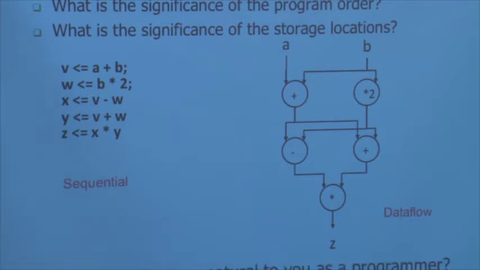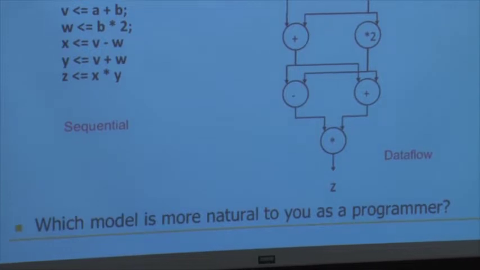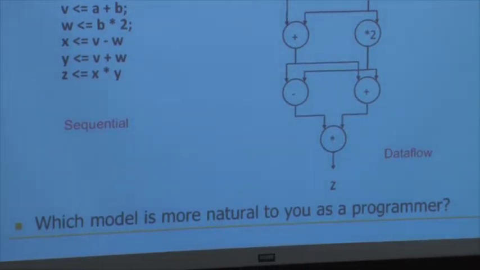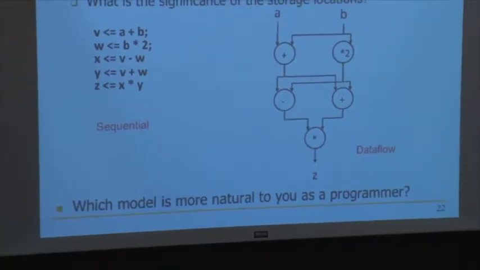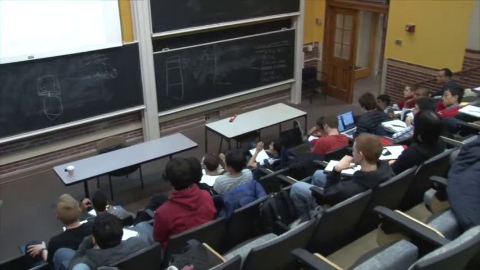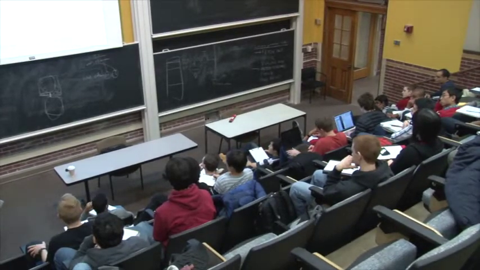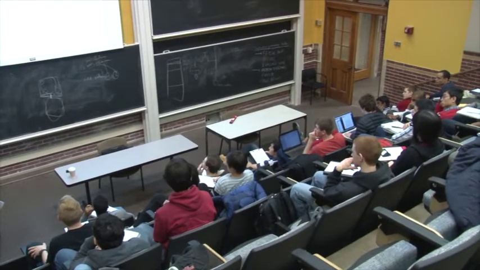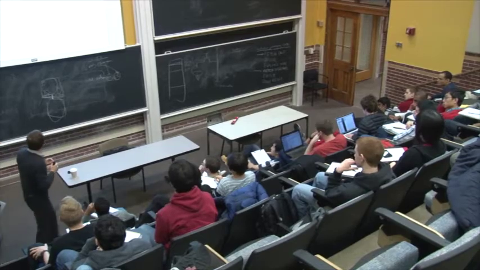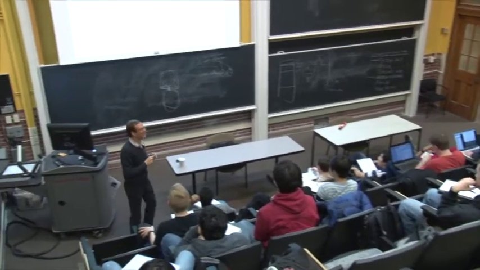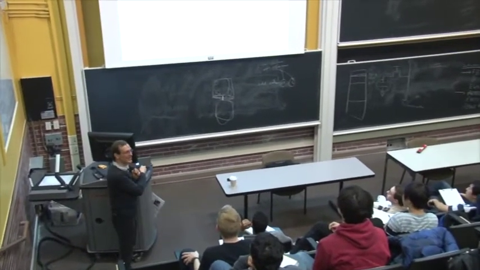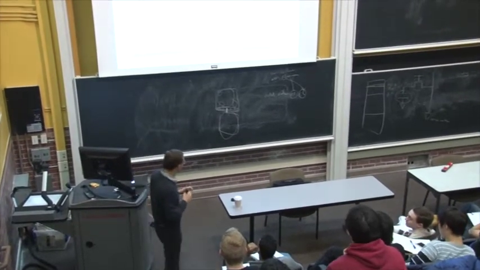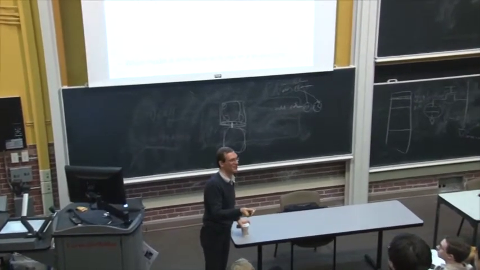OK, I guess I'll ask you this question. Which model is more natural to you as a programmer? This one? Sequential one. Who says sequential is more natural? Many people. Who says data flow is more natural? No one? OK. Well, that's good. I would also say this is more natural, actually. But is it? I'll ask you the question without answering, because I don't know the answer.